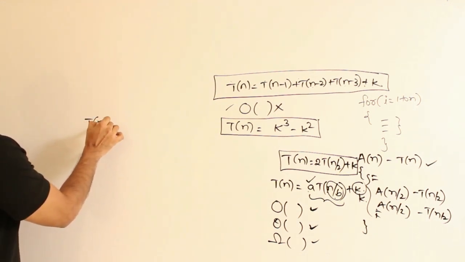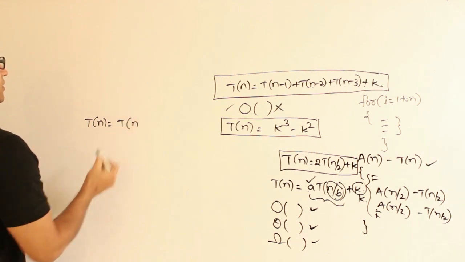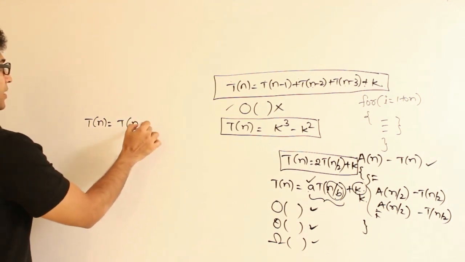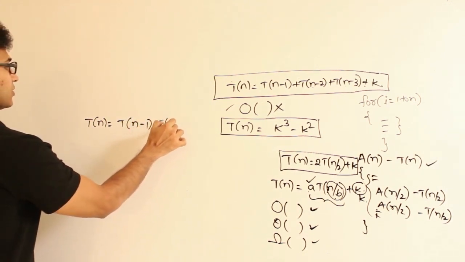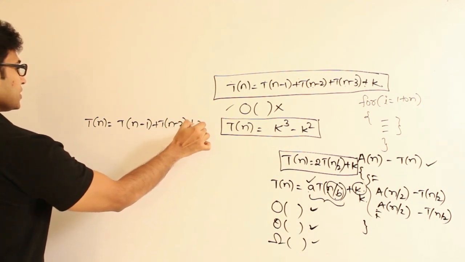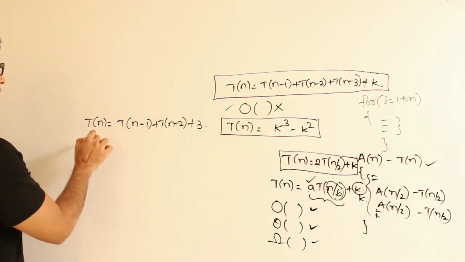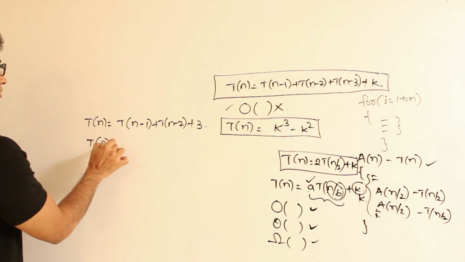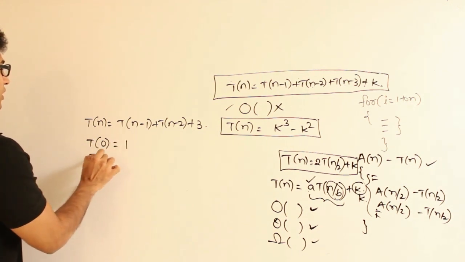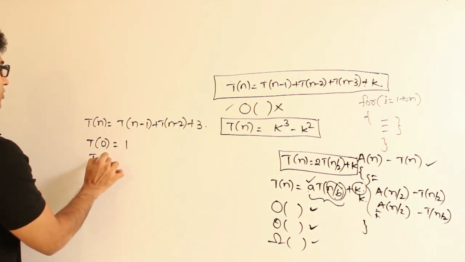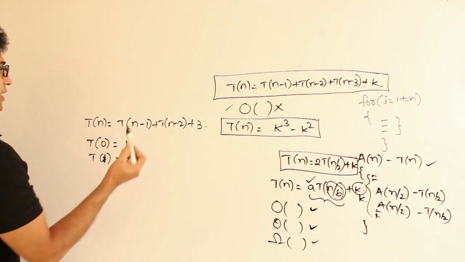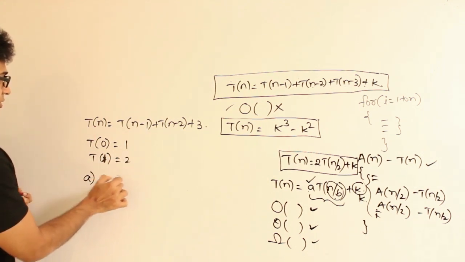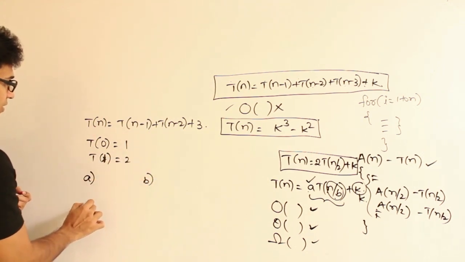So if you have t of n equal to, let us say, t of n minus 1 plus t of n minus 2 plus 3, and they also give some base conditions: t of 1 equal to 1, t of 0 equal to 1 and t of 1 equal to 2, something like this, and then they will give you the options a, b, c, d.